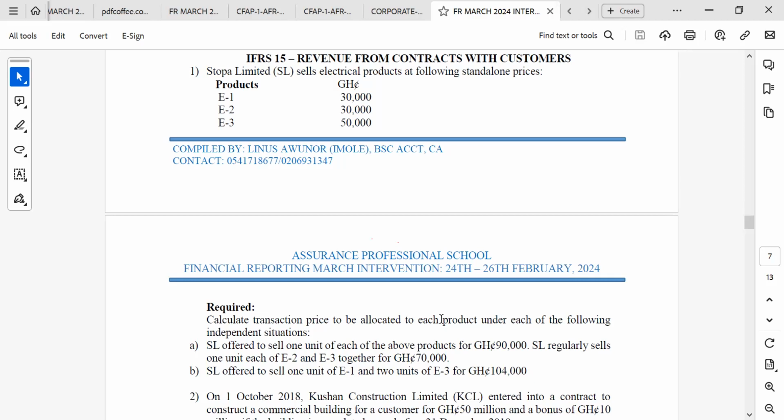Okay, so what you do is, if the company wants to sell each of the units for 90,000, what will be the price for all of them? The first step is to find the total individual prices. If you are selling them one by one, what would have been the total amount that we should have received?